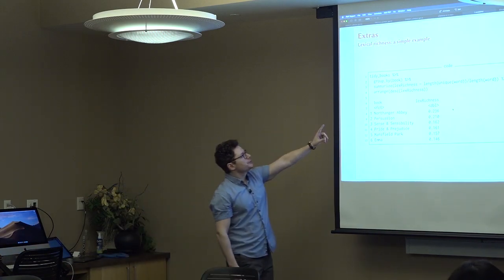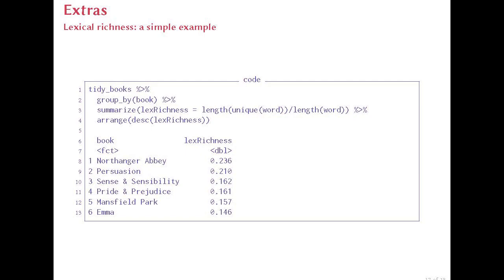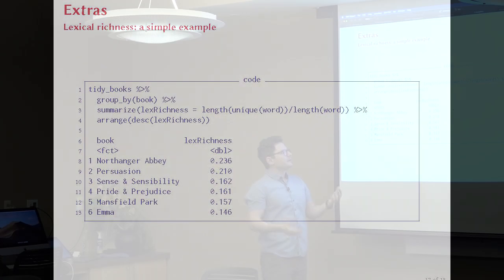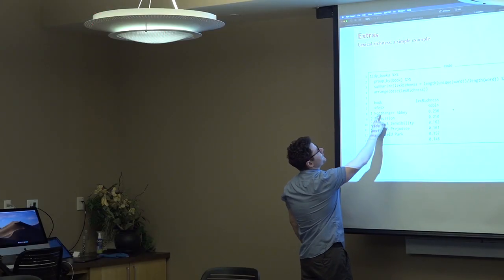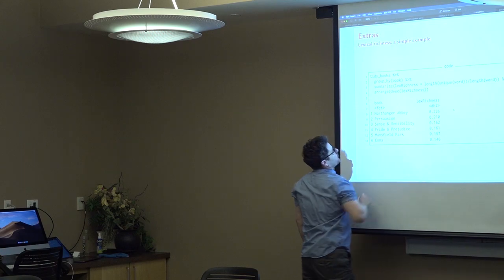And finally, this is a very simplistic example of lexical richness. You could calculate the number of unique words and divide that by the number of words to see how rich the vocabulary is, and order the books in descending order of lexical richness.